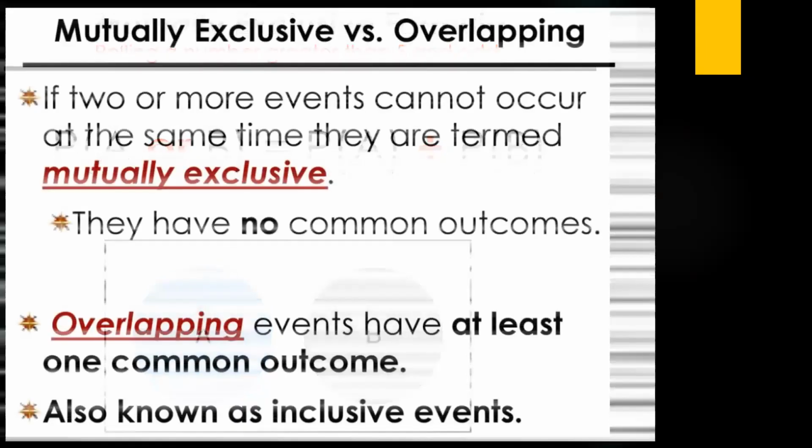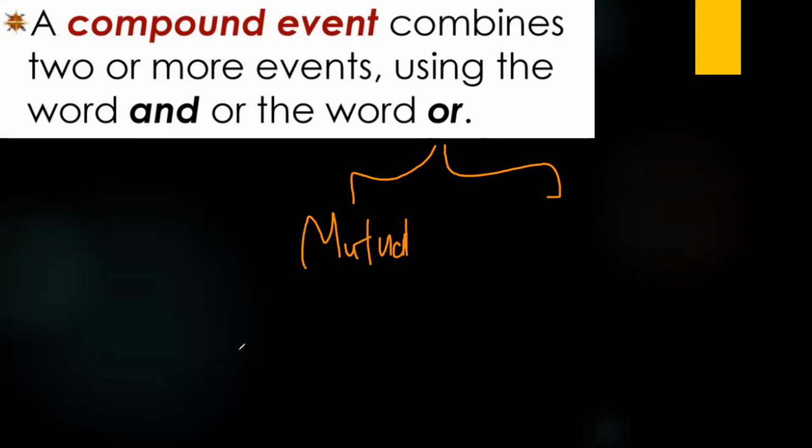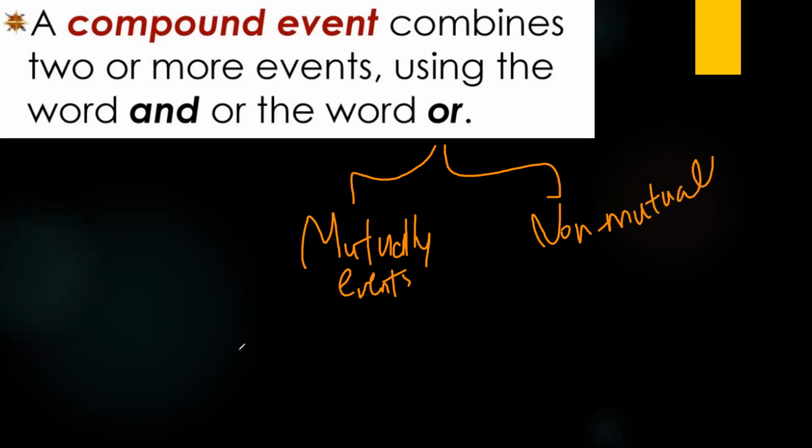Now, I told you that if I want to combine 2 events, I can use or. If I use or, I will classify my compound events into mutually exclusive and non-mutually exclusive, or we call it overlapping.